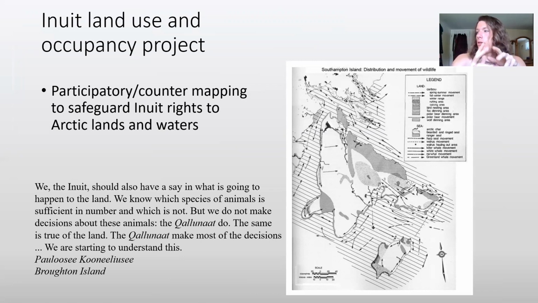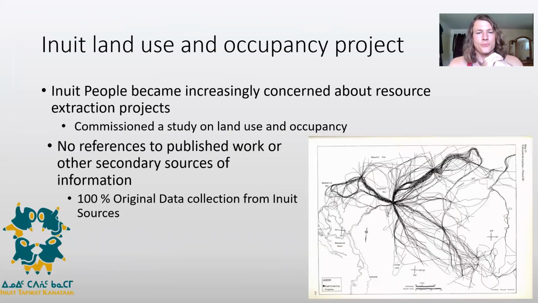So a project was created, which was actually foundational in the creation of the province of Nunavut, where the Inuit Tapirisat Association commissioned a study on the land use and occupancy of Nunavut. And so this work actually made no references to existing work or secondary sources of information, because those were almost always written from the white Southern perspective. Rather, it relied on 100% original data collection from Inuit sources.